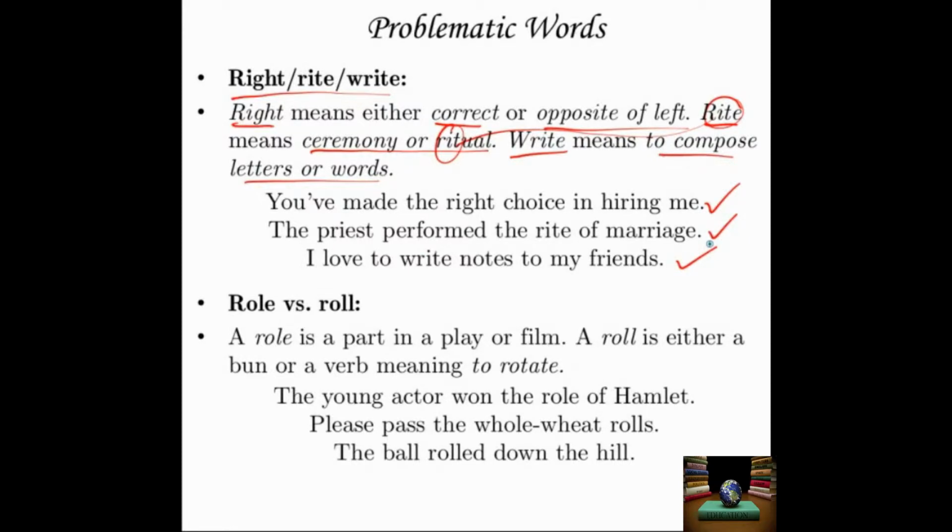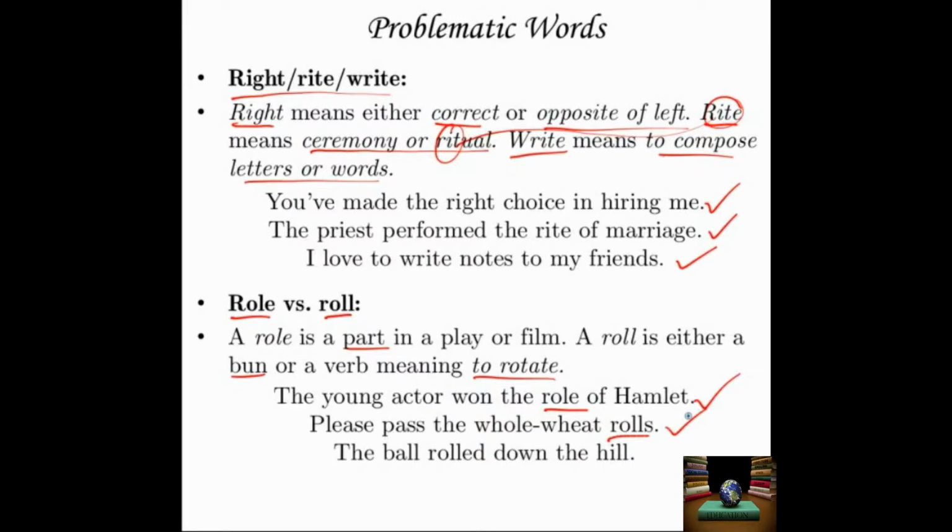All right, role versus roll. R-O-L-E, a role, is a part in a play or film. It's a part played by an actor, usually, or anybody who's filling a role. If you spell it with two L's, however, it's either a bun, a small piece of bread, or a verb meaning to rotate. Let's look at some examples. The young actor won the role of Hamlet. He's playing Hamlet in a play or a movie, so he has that role with the E. Please pass the whole wheat rolls.